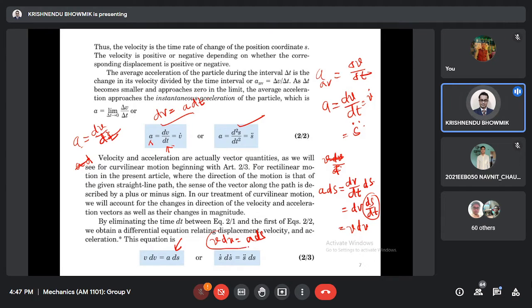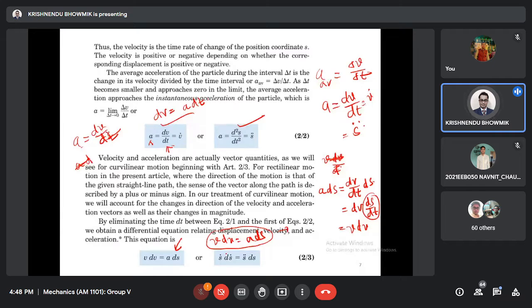And you know, from this relationship you can get that v2 square by 2 minus v1 square by 2 equal to a times s2 minus s1. That type of relationship you can write.